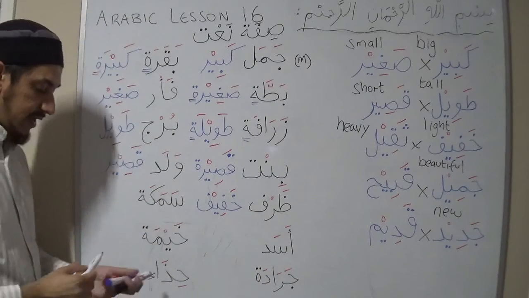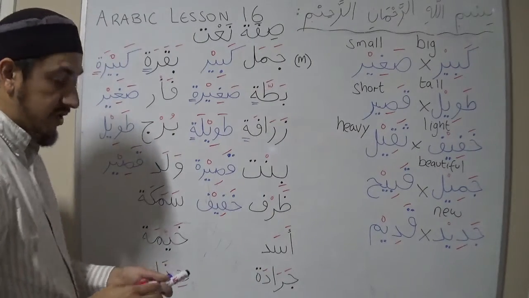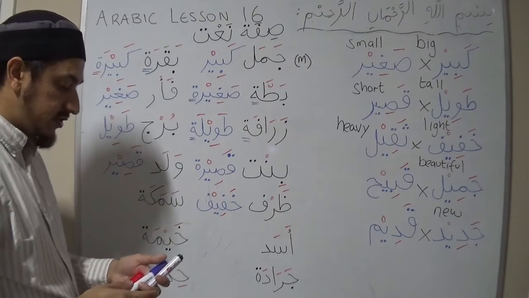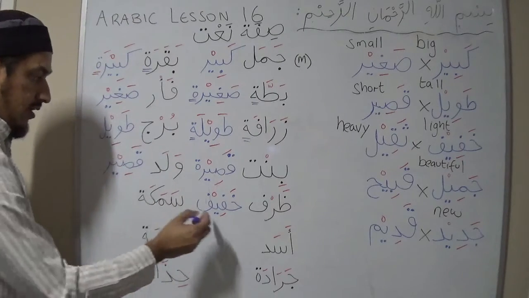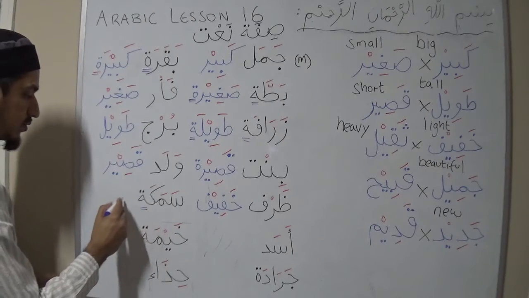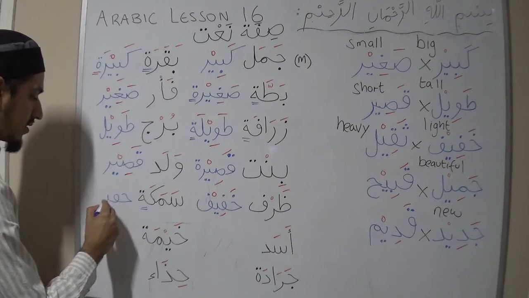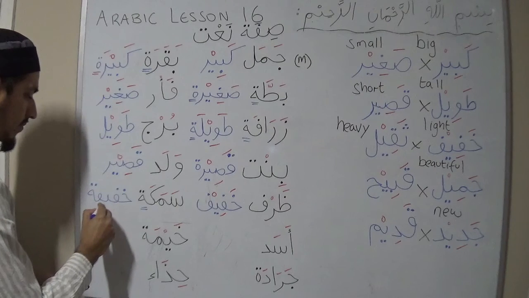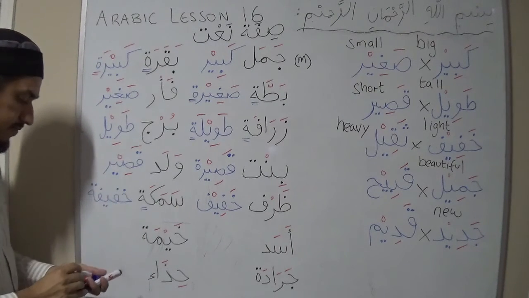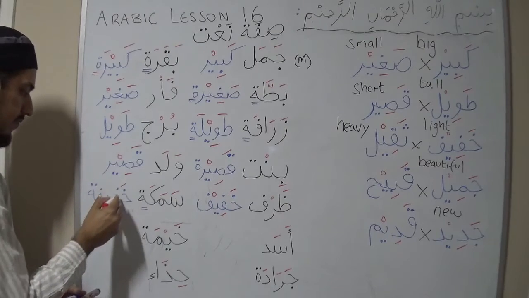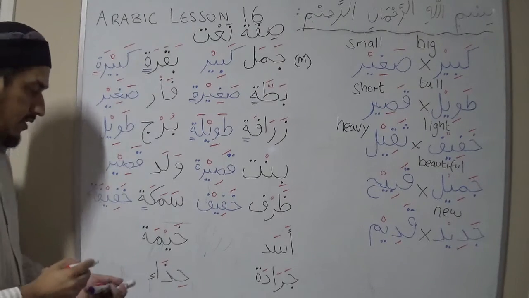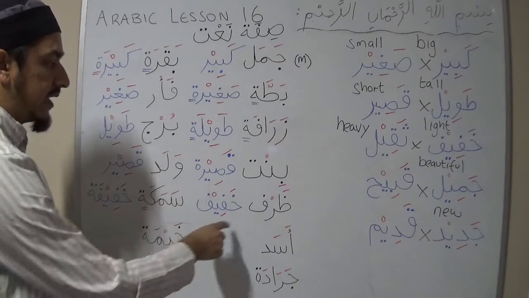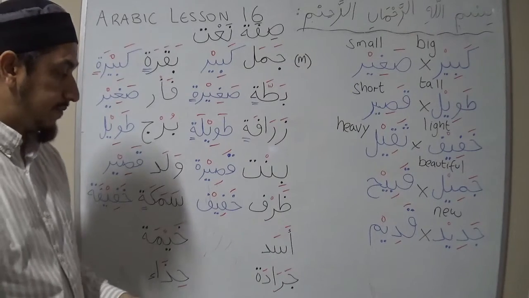And سمكة, a fish, but we're going to describe the fish as a light fish, so we're saying خفيفة because it's got a تاء مربوطة. خفيفة, سمكة خفيفة. A light fish, a light envelope.